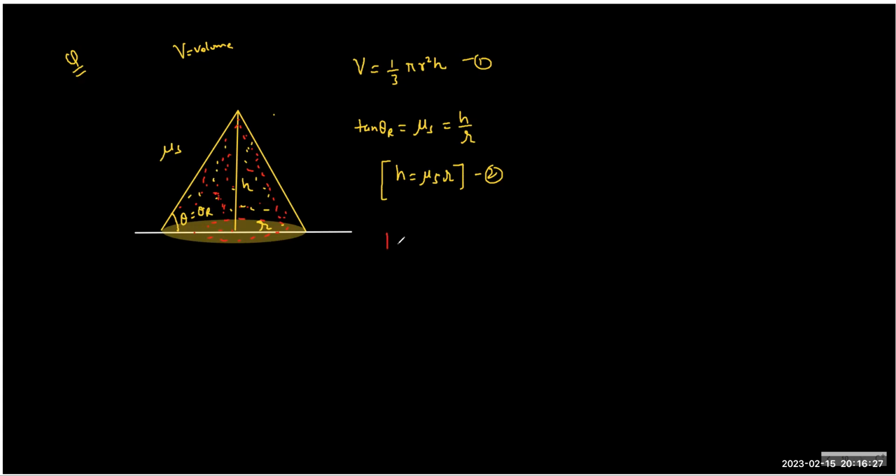So let's substitute the value from 1 to 2. V equals 1/3 pi r square. h is how much? mu s into r, right? So r cube is how much?